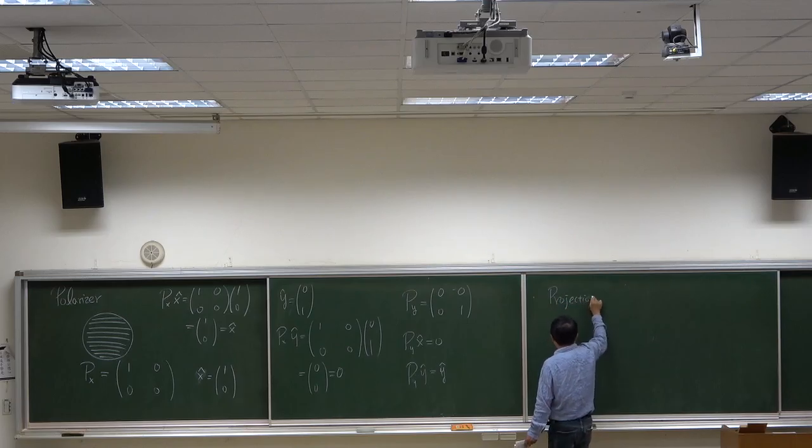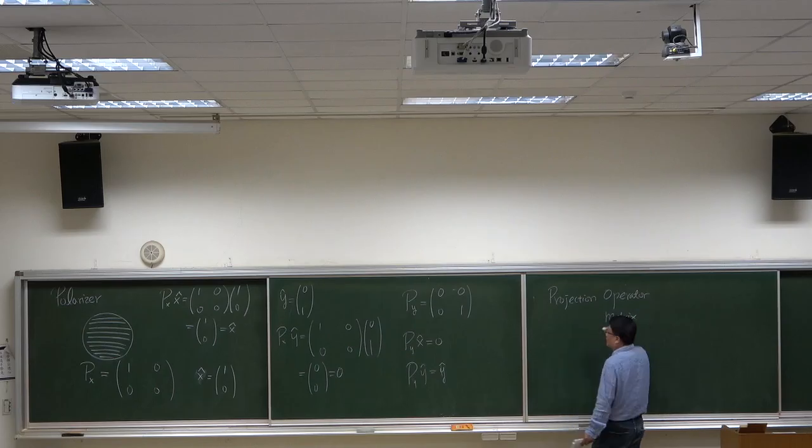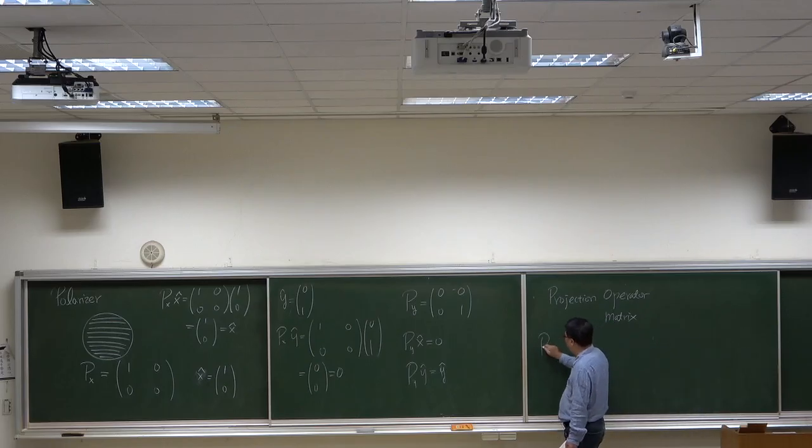Projection operator. Projection matrix. Okay. A projection matrix has this property that px squared is equal to px.